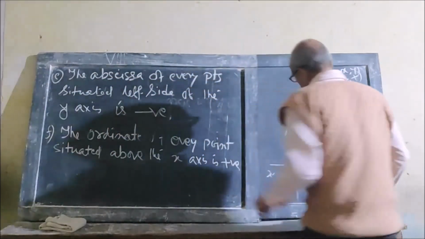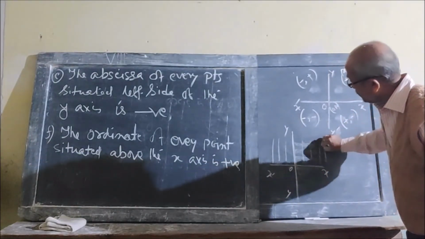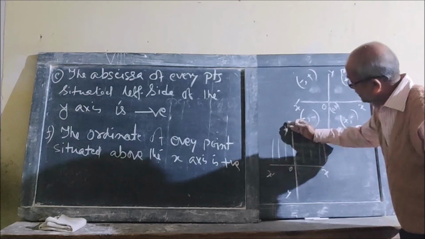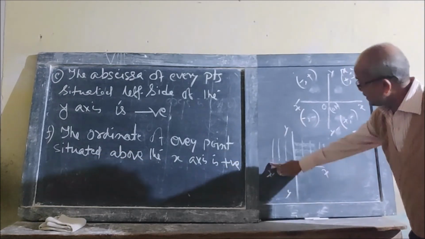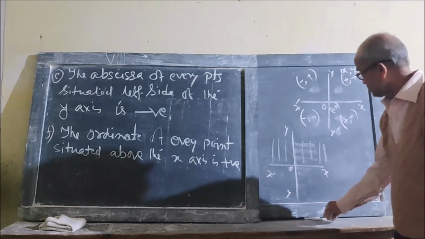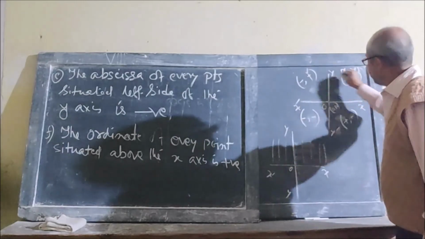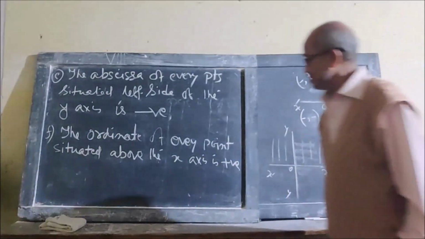This is the above of the x-axis, and that is the below of the x-axis. So above the x-axis, this is the ordinate and this is the ordinate, it is plus.